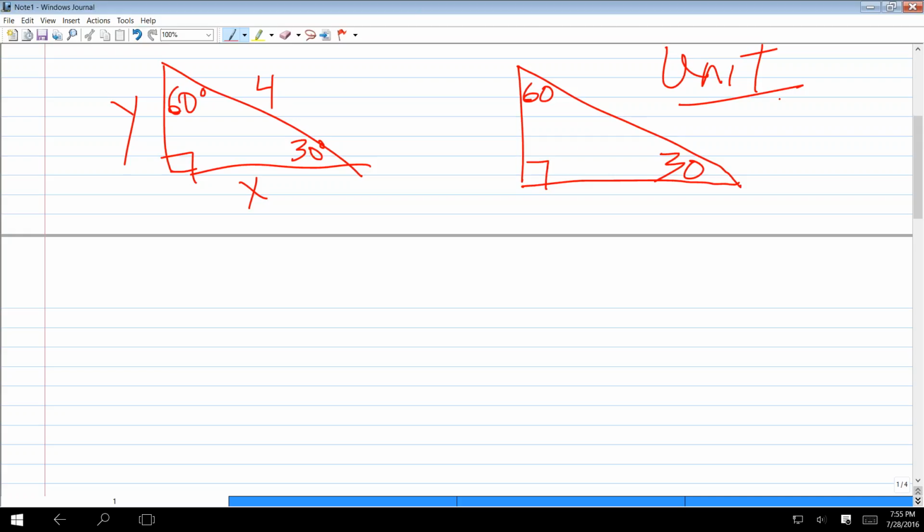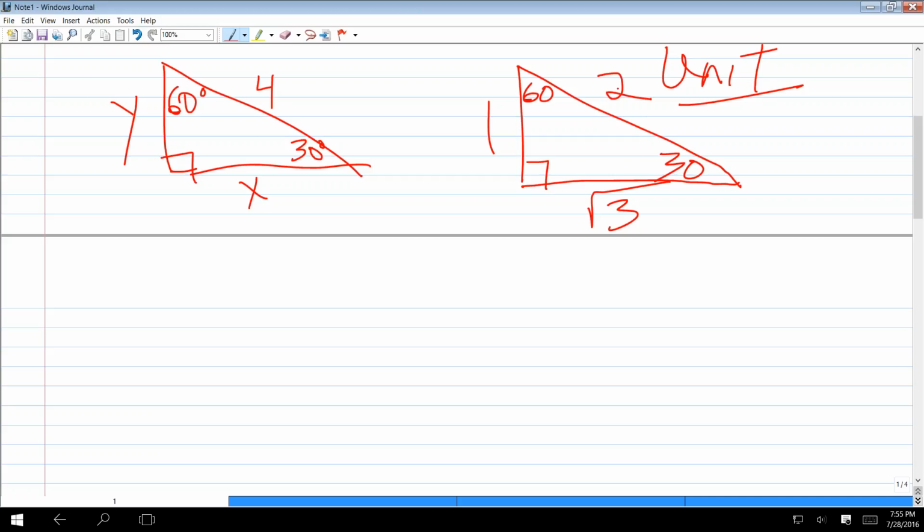What's opposite the 30? 1? Good. You're right. That's why I call it the unit triangle. I wouldn't call it the unit triangle unless there was a 1 involved. Okay. What's opposite the 60? Square root of 3?